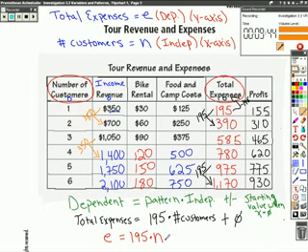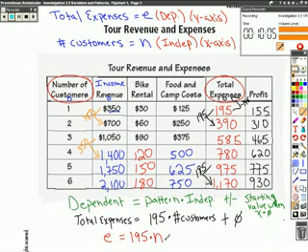Now the last one says, part 3, profit P for N customers. I want you guys to try to do that one on your own. If you remember from the first video, I gave you an idea as to how to write the equation, and it really gets into how you find profit.